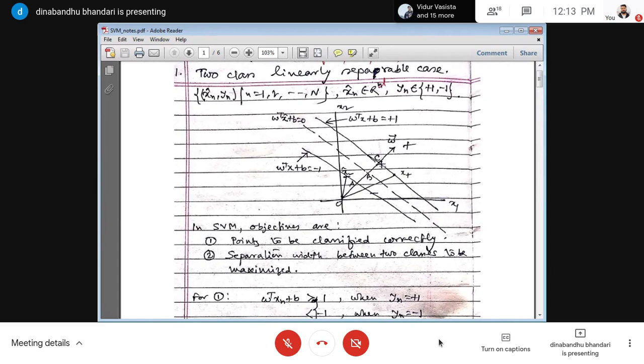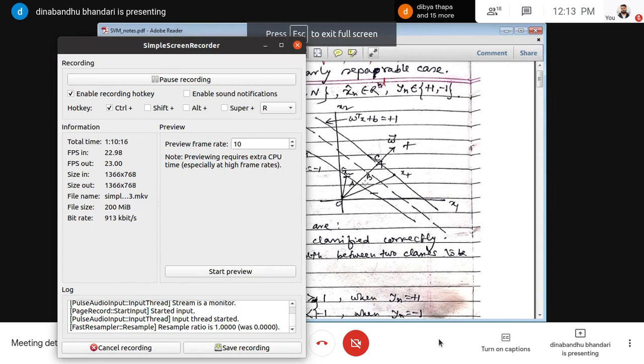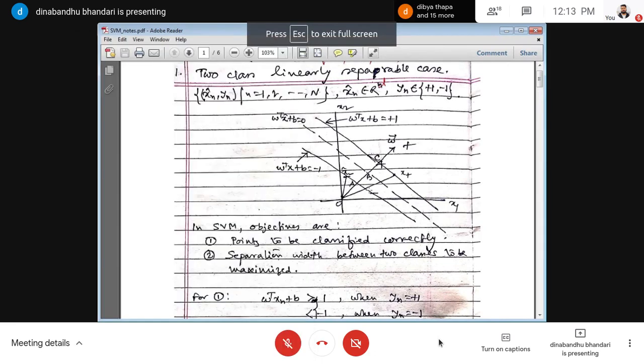On the boundary, you have only 1 point on the positive side, and on the negative side, you have 2 points on the boundary. You may have, say, 500 points, including these 2 on the negative side and 500 on the plus. But how many are there on the boundaries? There are only 3, right? Only 3. 1 in the positive and 2 in the negative side.